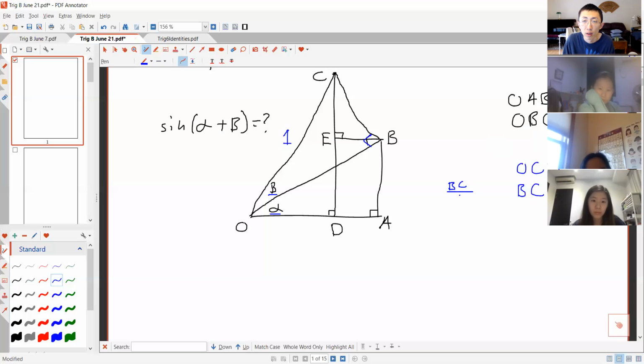Over 1 equals sine of beta. Yeah, good, because we have a right triangle OBC, and this angle is beta, so sine of beta is BC over OC. Excuse me, just BC over 1. So BC is just sine of beta.